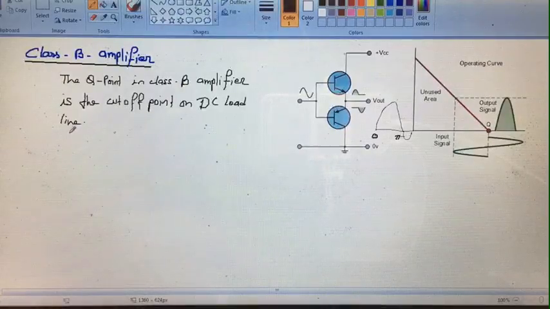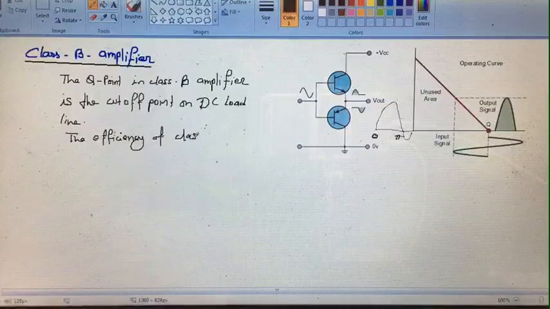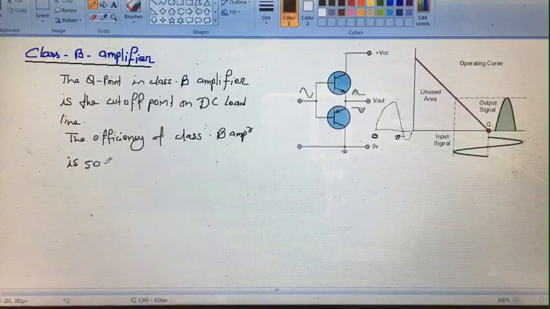The efficiency of the class B amplifier is 50 to 60%.